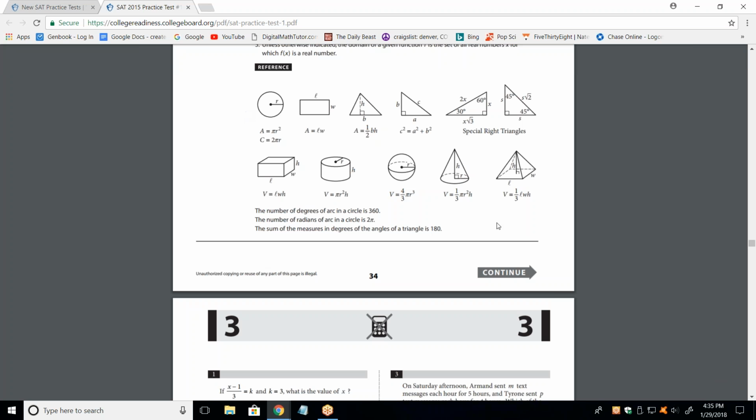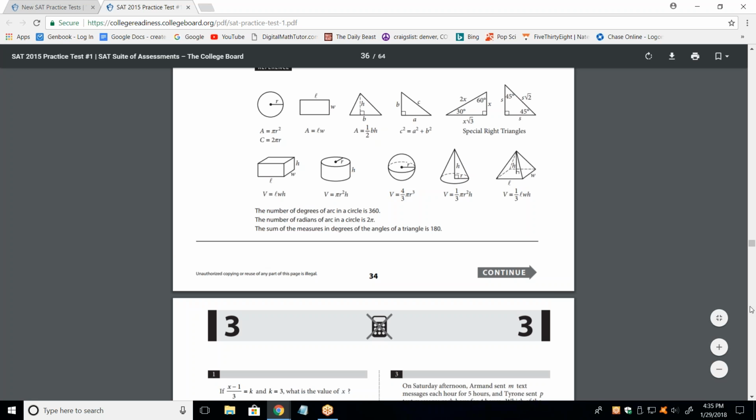That's something that you should memorize and never forget your whole life. And then notice there's 3 sentences underneath, give you the total degrees in a circle, total radians, and the sum of the angles of a triangle. So there's good stuff in this section at the top here.